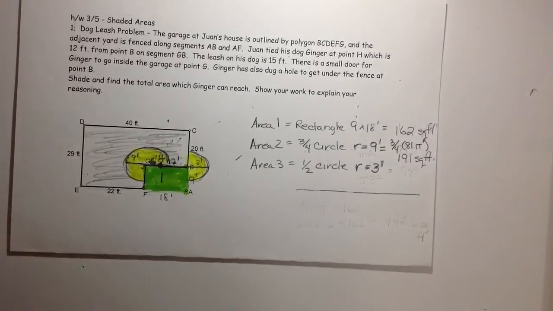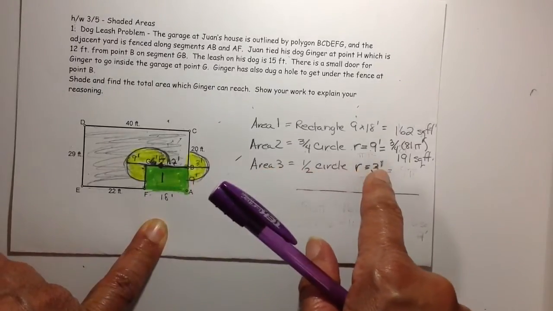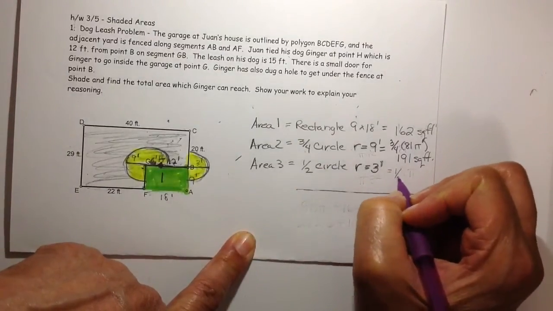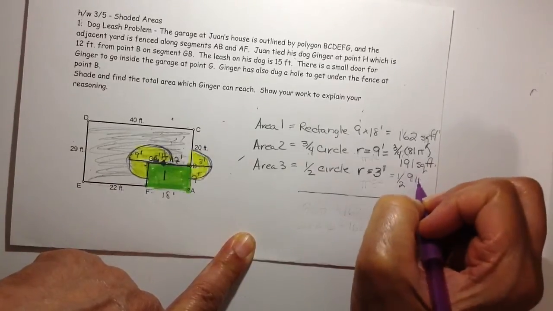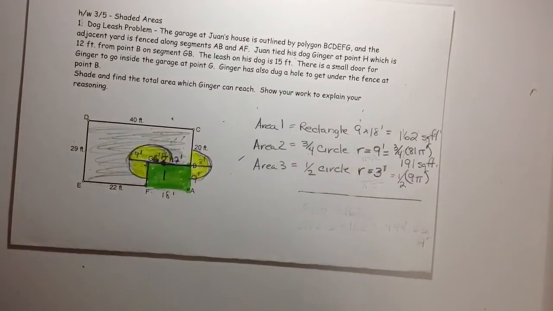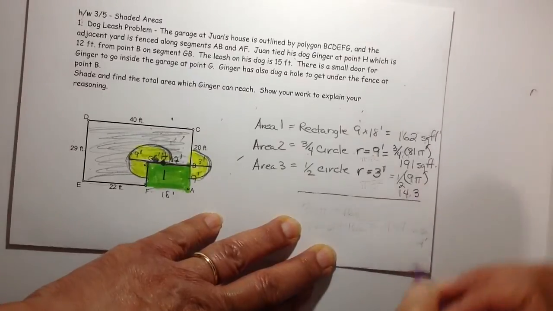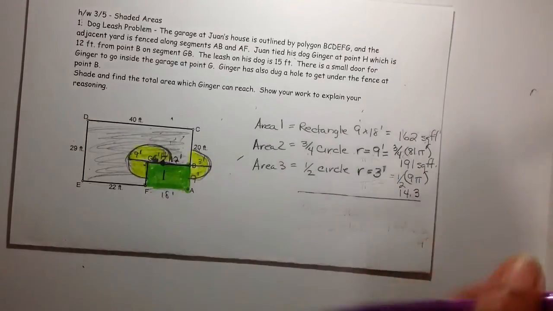Okay? And then we've got this third area here, which is a half circle that's a radius of 3. So 1/2, and this is a radius of 3, so it'll be 9 pi. And so that's going to be 14.3. So now if I total those up, 162.